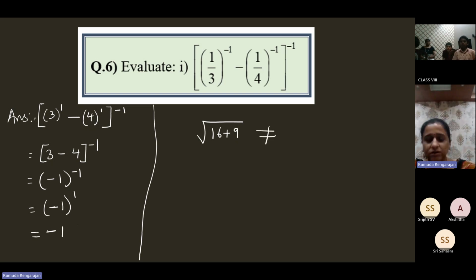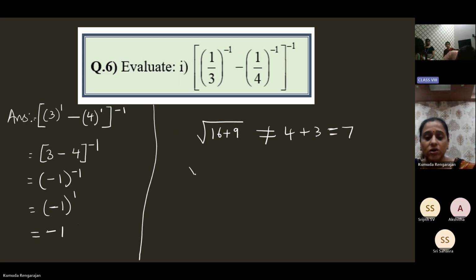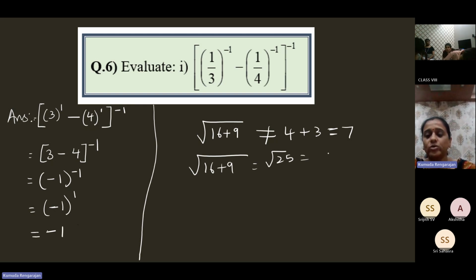It is not square root of 16 is 4, square root of 9 is 3, so 4 plus 3 is 7. No, it is not. You need to first add. What is 16 plus 9? 25. And the square root of 25 is 5. But if it was square root of 16 into 9, then you can find the square root of 16, 4, square root of 9, 3, multiply and write the answer.